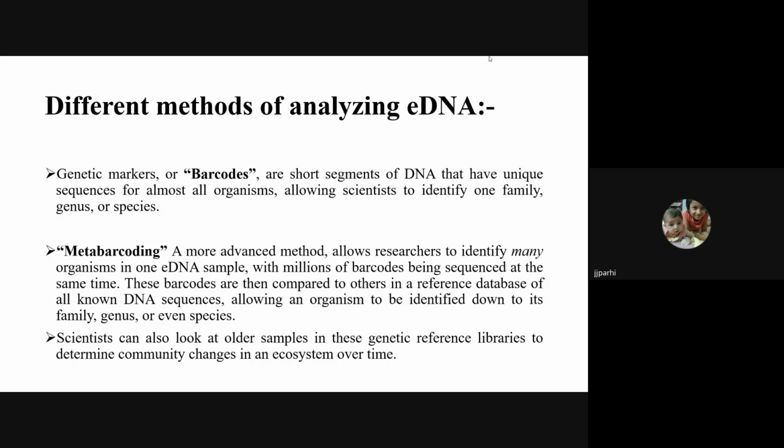But when we are looking at a larger aspect, here you have to do metabarcoding. It allows researchers to identify many organisms at once. In one DNA sample, we will identify many species. Many barcodes will be developed after sequencing, and from that sequence we can find out what species are available in that region.